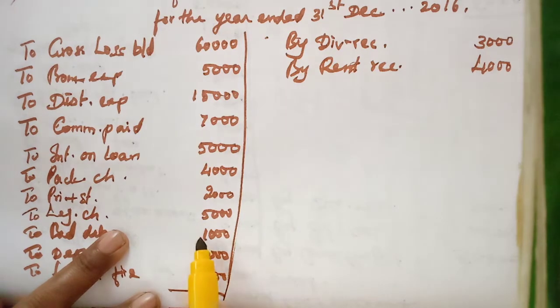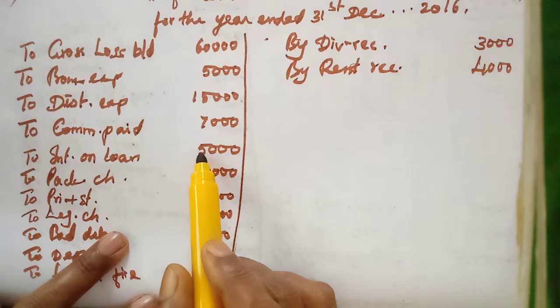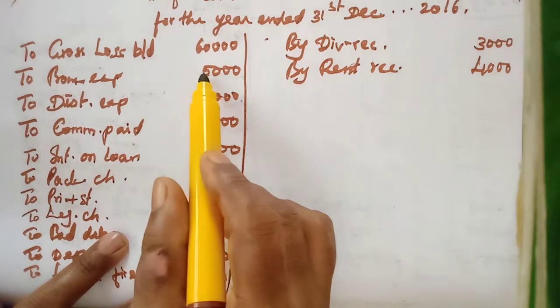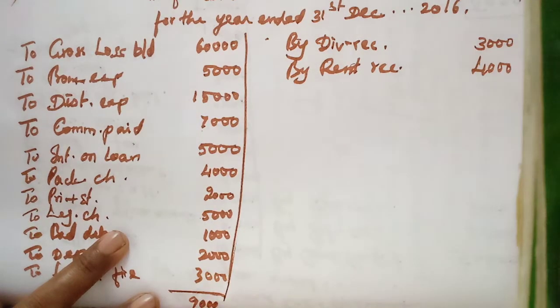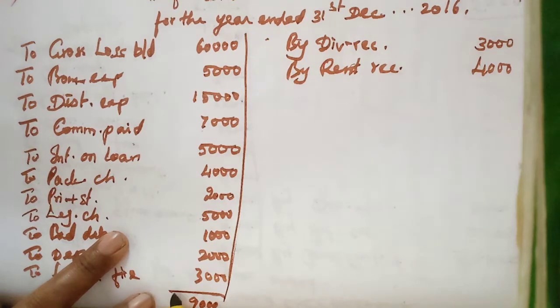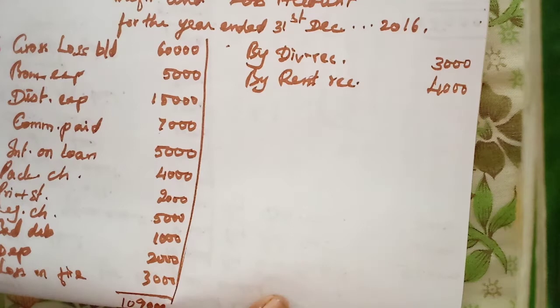Okay, 5, 6, 11, 13, 17, 22, 29, 34, 39. 3, 4, 4 plus 6, 10. 1,09,000. Right, 1,09,000.